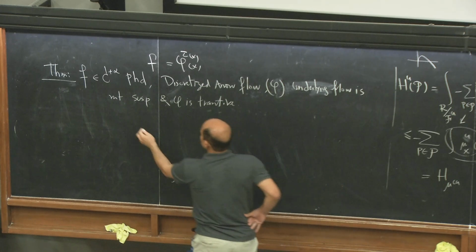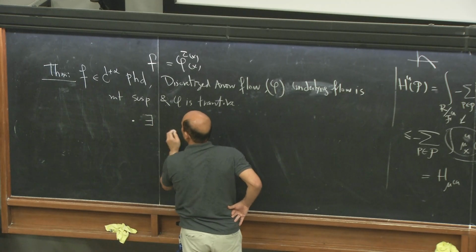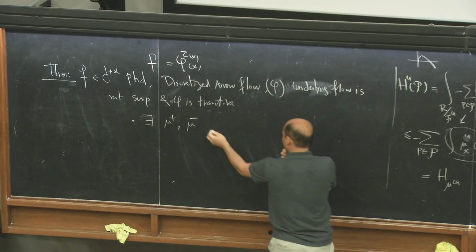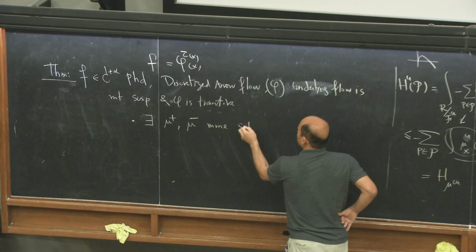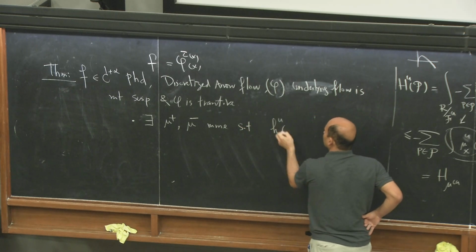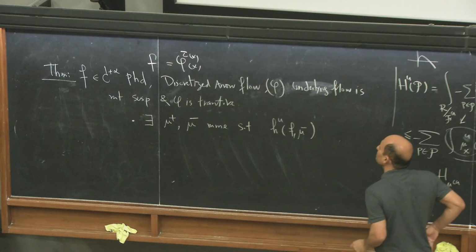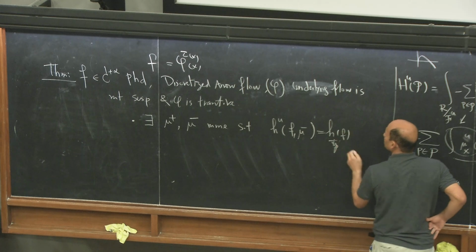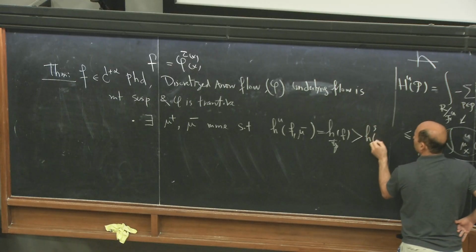What we conclude is that either there are two measures of maximal entropy, mu plus and mu minus, MMEs, such that the U entropy of the measure with negative exponent is exactly the topological entropy of F, and this is larger than the S entropy.